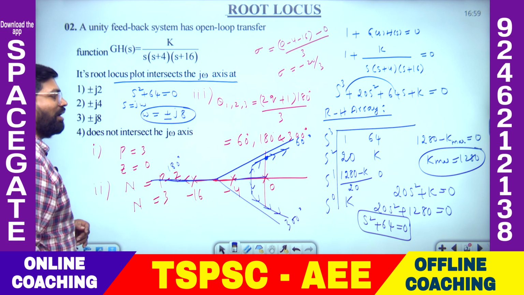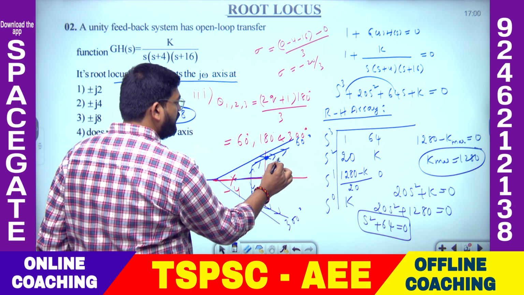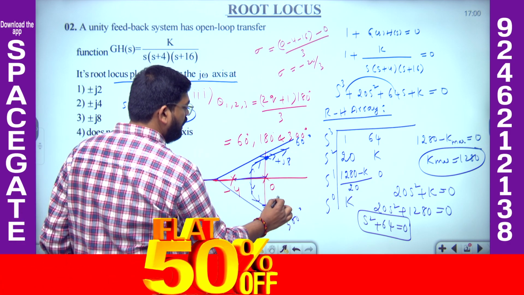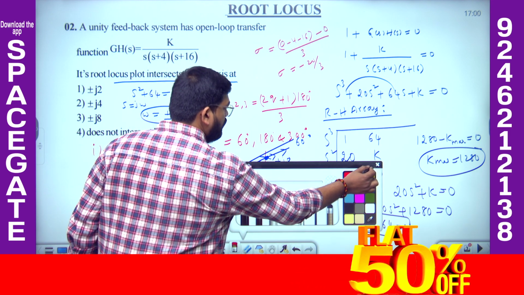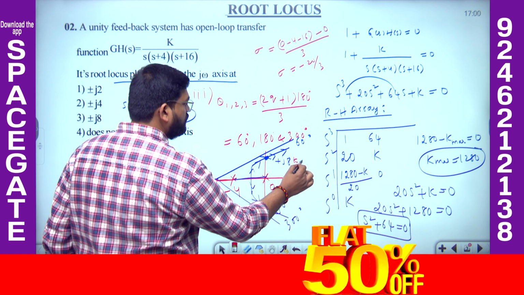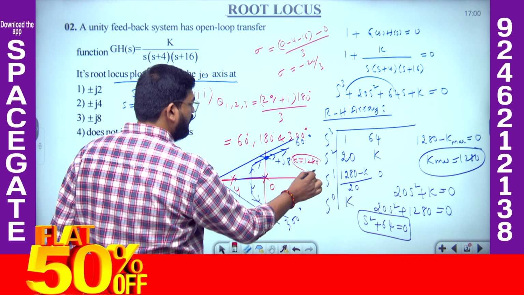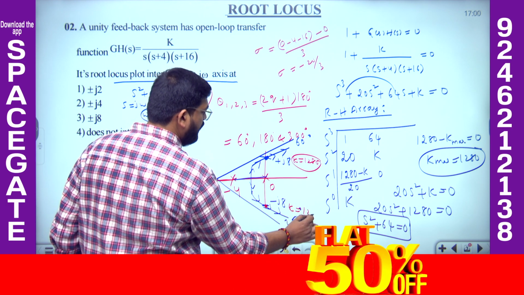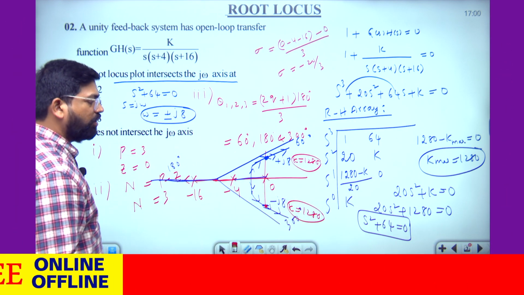This is the crossing point, means here exactly plus j 8 and here it is minus j 8, but at what point is it crossing? At k is equal to 1280. When k is equal to 1280, frequency is plus j8 or minus j8.